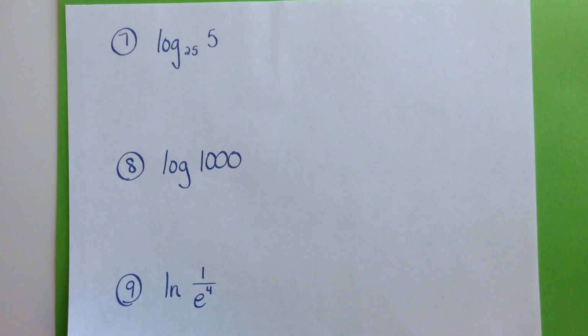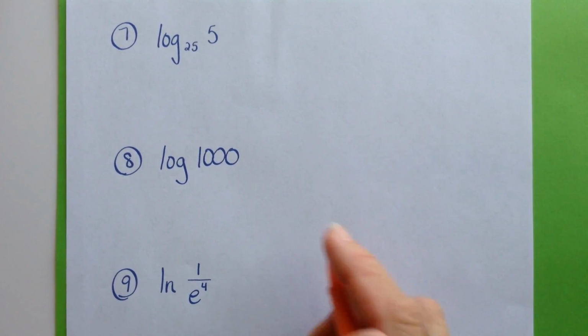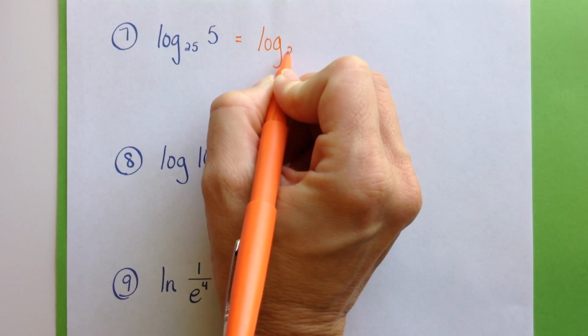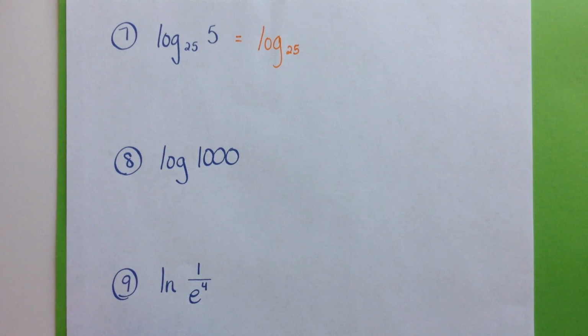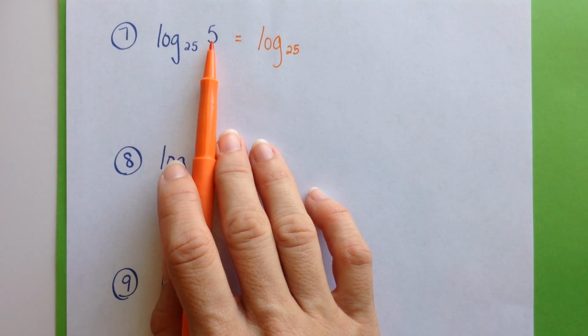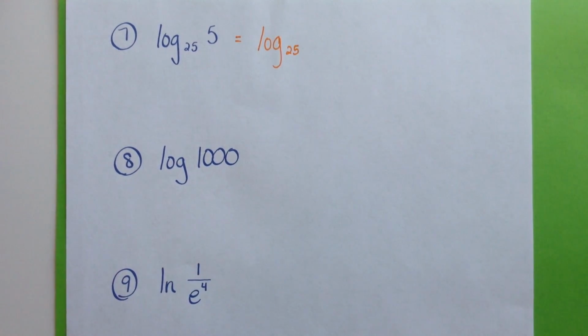Okay, next. Now this next one's probably about the trickiest one that you will have to deal with, because you can't change the base, remember, that has to stay at 25. So that means I've got to somehow rewrite a 5 but using a 25. The fact that you've got to make it a bigger number is kind of what's confusing for you sometimes.